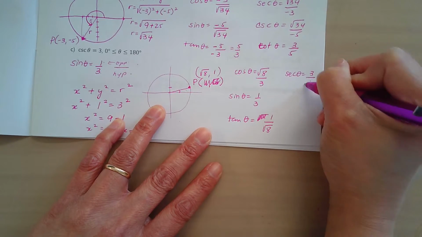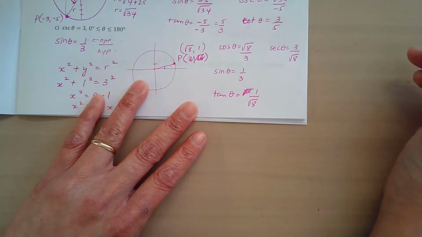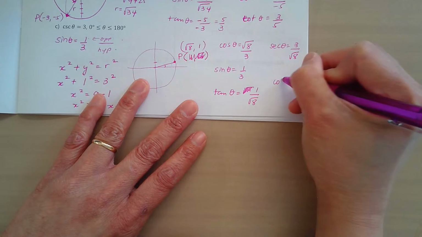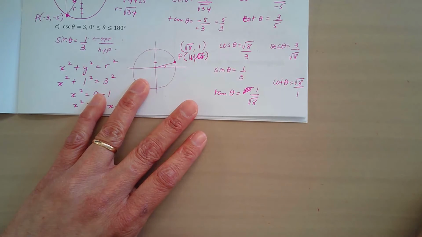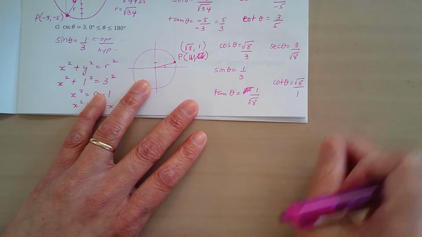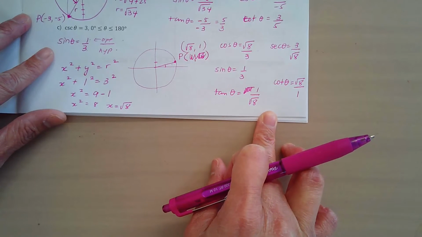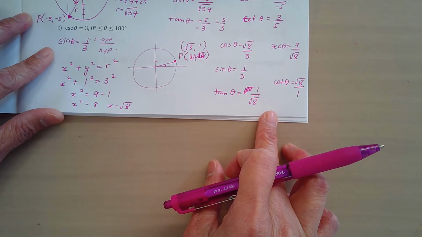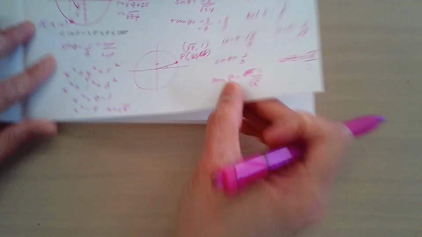Reciprocal of 3 over root of 8 is 3 over root of 8. Cosecant we already have, and cotangent is going to be root of 8 over 1. Is that fine? Pretty fine. Okay, good.